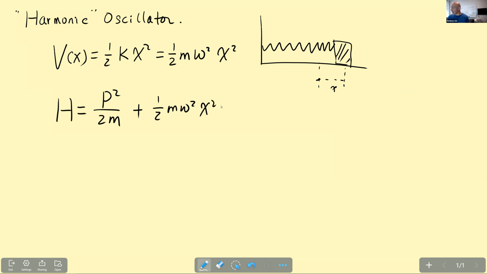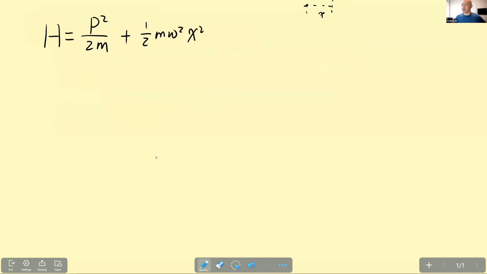In classical physics, we know that this harmonic oscillator satisfies a very simple equation. The time derivative of the position is given by the momentum divided by the mass. The time derivative of the momentum is given by the force, and the force is minus the gradient of the potential, so that is minus m omega squared x.